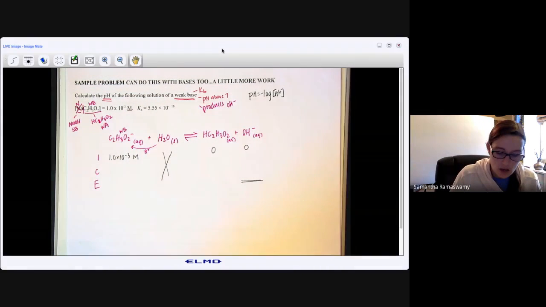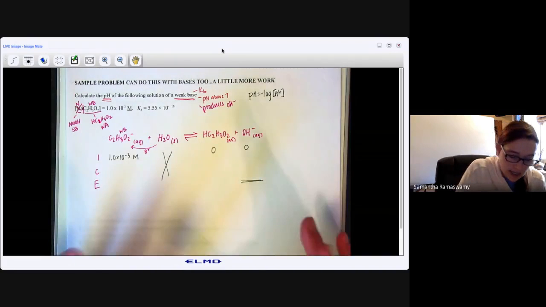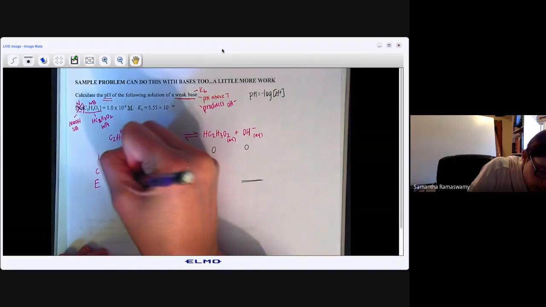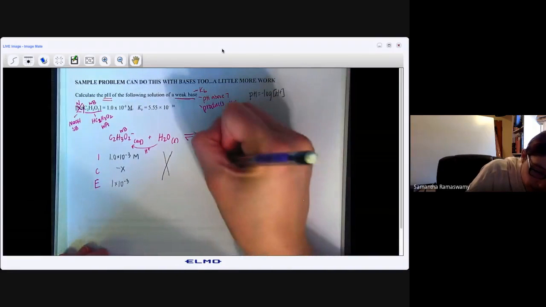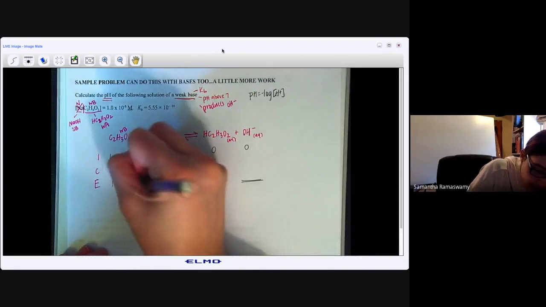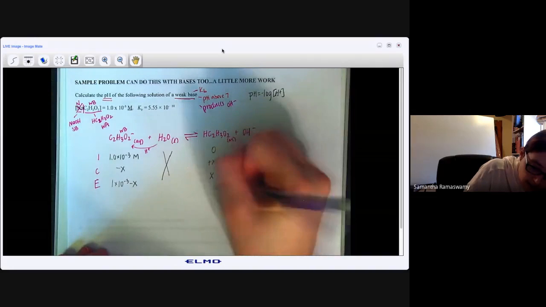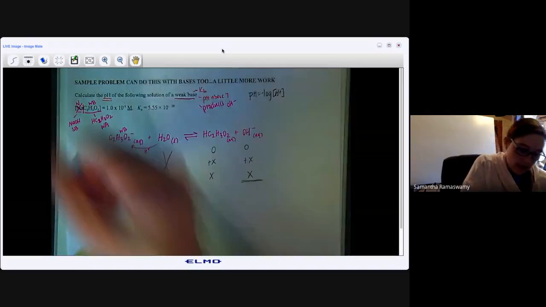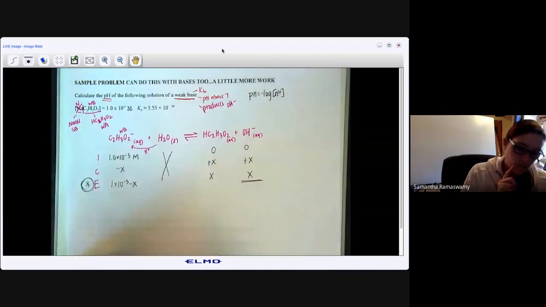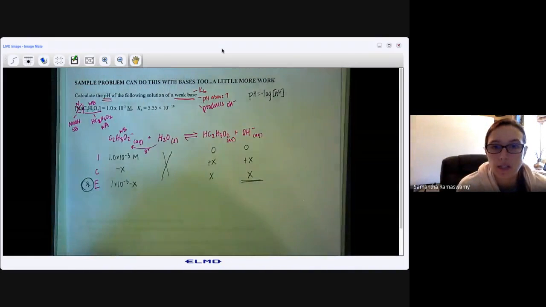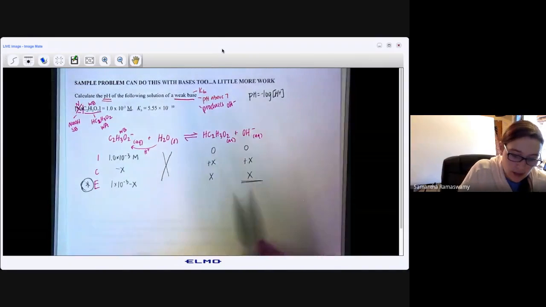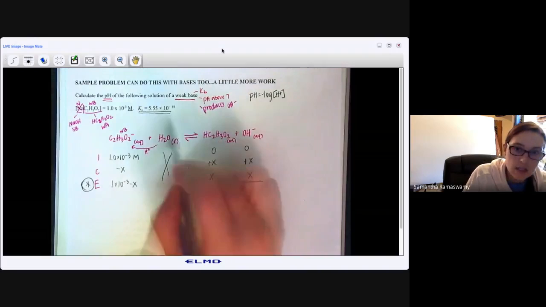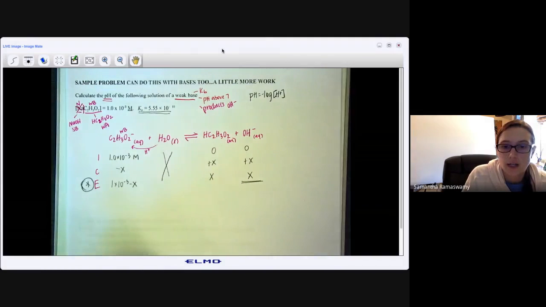Didn't give me anything else for the ICE table, so I'm going to go ahead and use x's. 1 times 10 to the negative third minus x, plus x, plus x. So here's our equilibrium information. Based on our equilibrium information and the Kb value, because we're dealing with a base, I can actually solve for x.